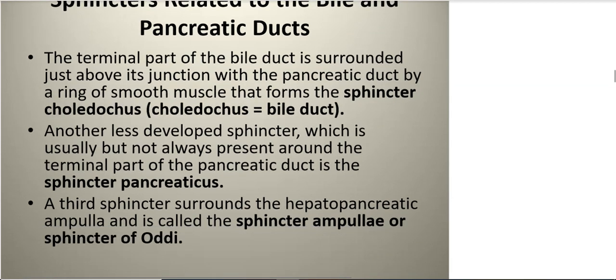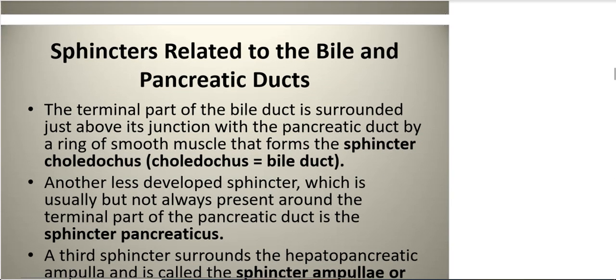There are 3 types of sphincters related to bile and pancreatic ducts. Sphincter is a structure that acts as a wall, a muscular structure. So the bile juice flows in one way.